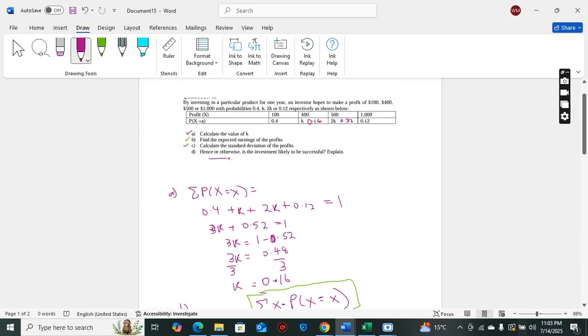Hence, is the investment likely to be successful? Explain.